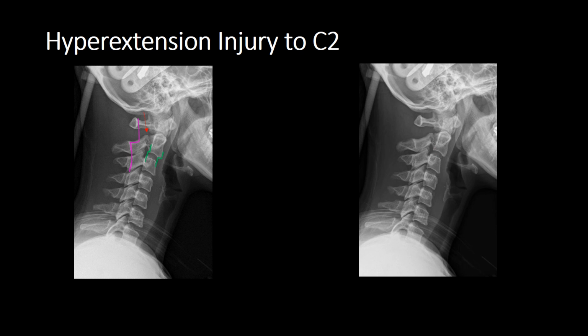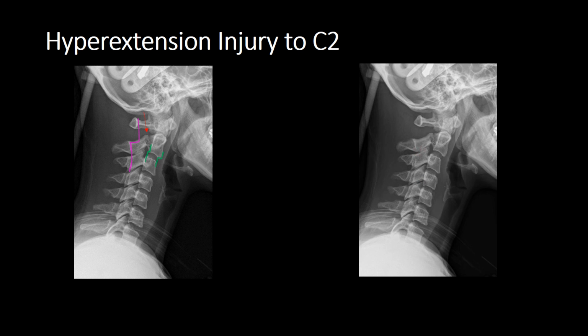Okay, so A is adequate, S is soft tissues, A is alignment, B is bones, C is cartilage. Okay, normal intervertebral disc space. Let's check our facet joints, all in alignment.